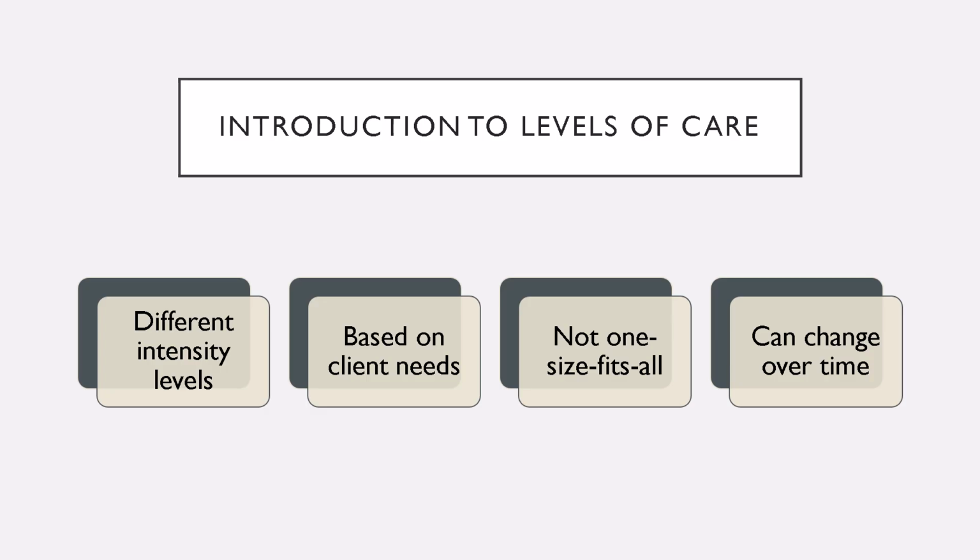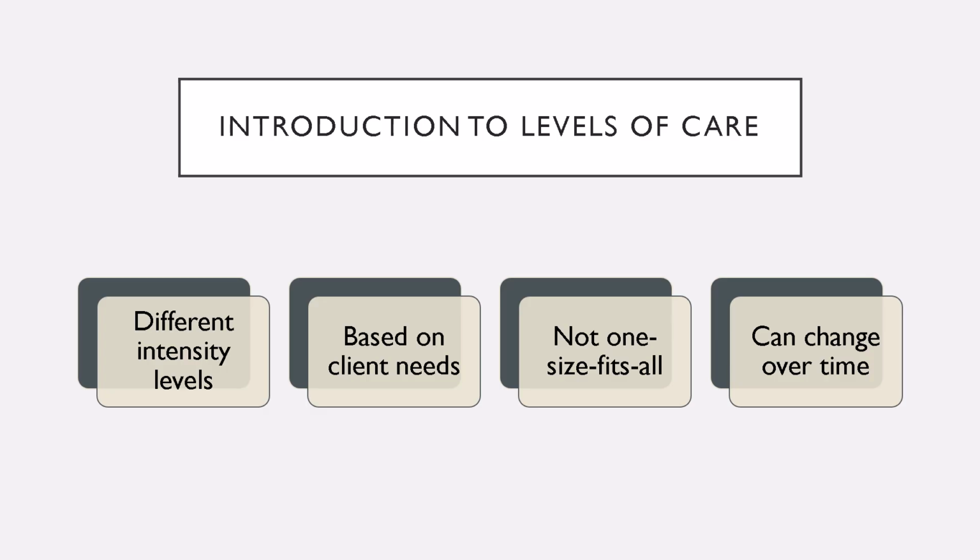They range from early intervention, which I call relapse prevention too. So it's either early intervention, relapse prevention, and that's typically done in outpatient services, to more intensive options like intensive outpatient programs, partial hospitalization programs, residential treatment, detox.